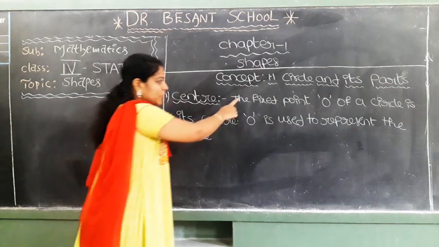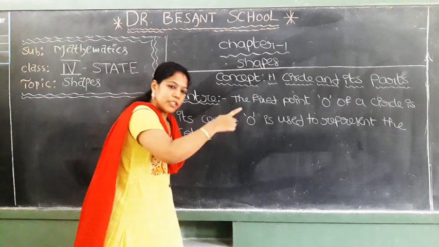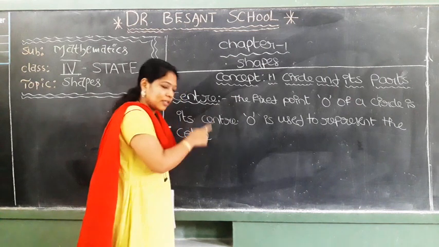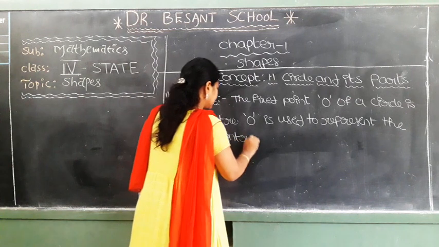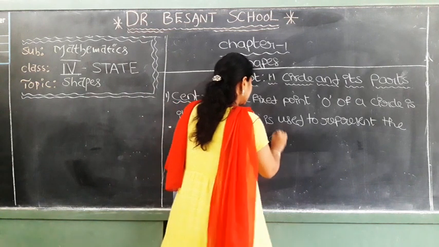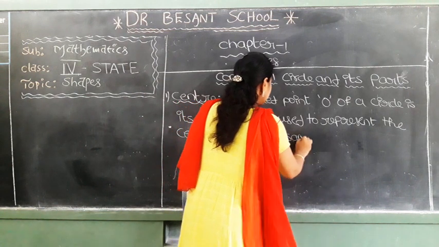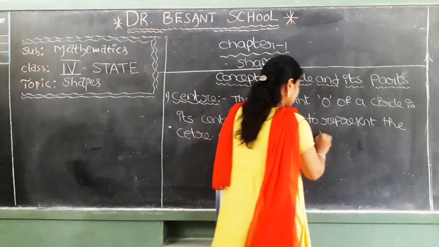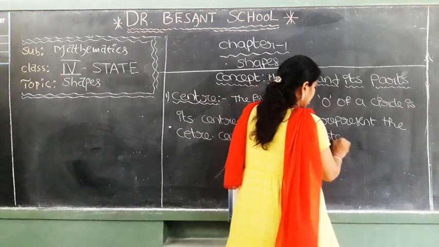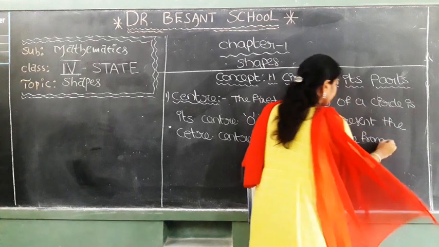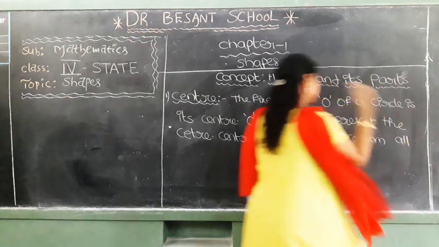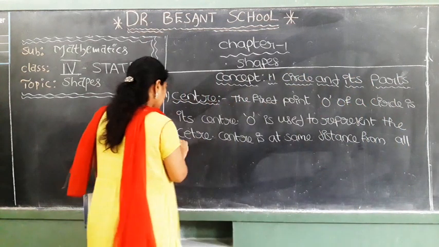This fixed point O is at same distance from all the points on the circle, or not? That only we have to write here. Center is at same distance from all the points on the circle.